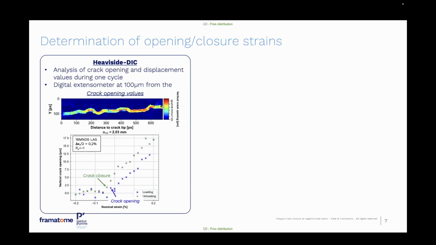And here we have a kind of plateau corresponding to the part of the cycle where the crack is closed. By this means, we can determine the value of the strain for crack closure or crack opening. You can see that in that case, we have a small difference between these two values, but the important point is that in both cases, the corresponding strain is a negative strain.